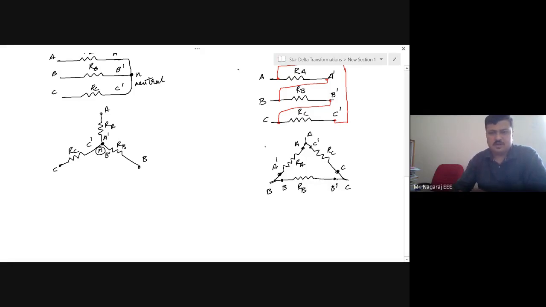So what we are discussing now is star delta transformation, which gives equivalent delta from star and equivalent star from delta. So that has to be taken care of. Now we will look into the star delta transformation.